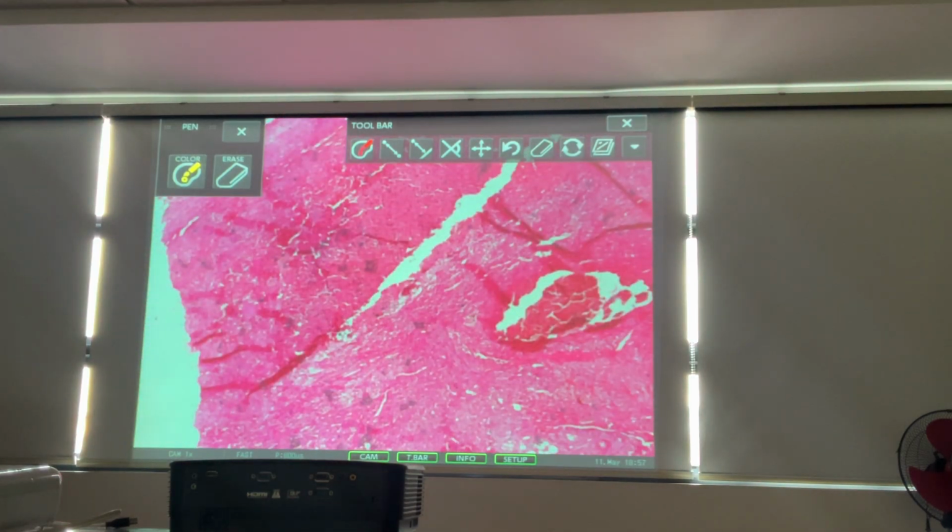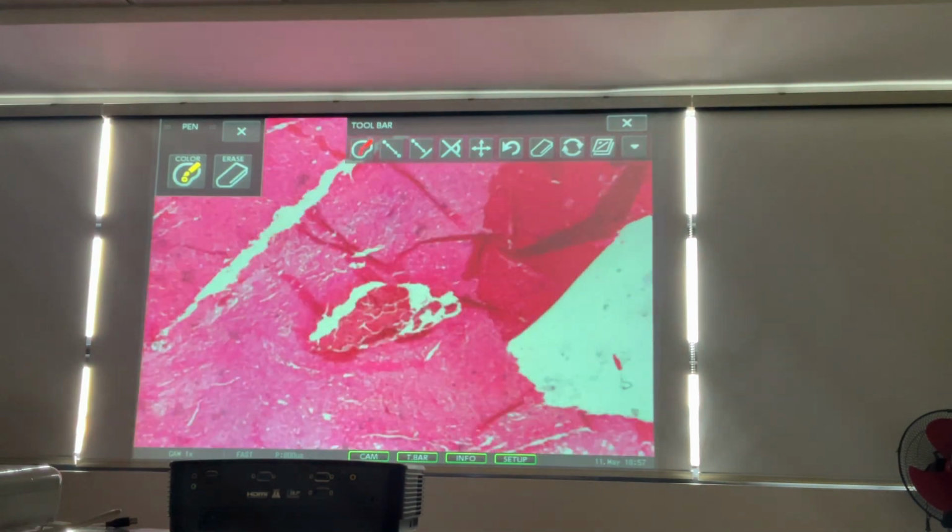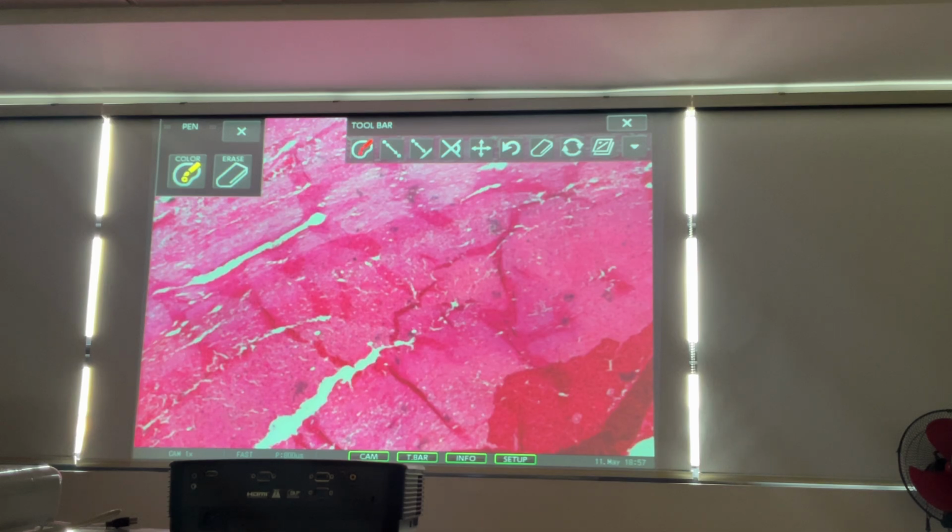Some of the blood vessels in your angiomyolipoma are situated on the surface of the tumor. So during surgical excision of the tumor, if the doctor is not very careful, the doctor can accidentally cut through the blood vessel and there could be massive bleeding.